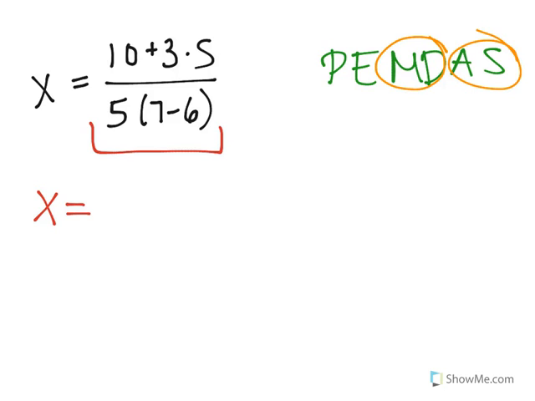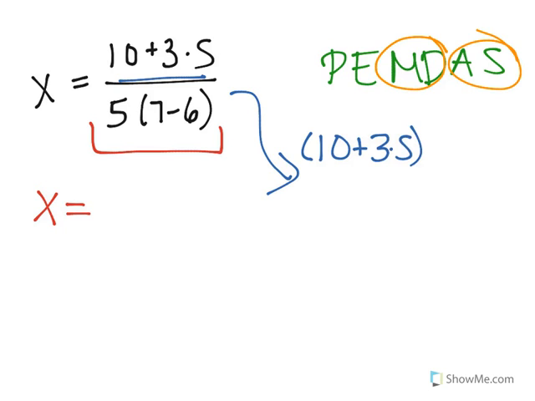But as you might recall, we already did an example like this one. Having this division sign like that is kind of writing it like this: 10 plus 3 times 5 divided by 5 times (7 minus 6).